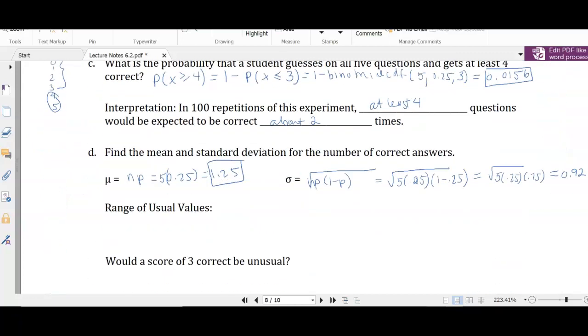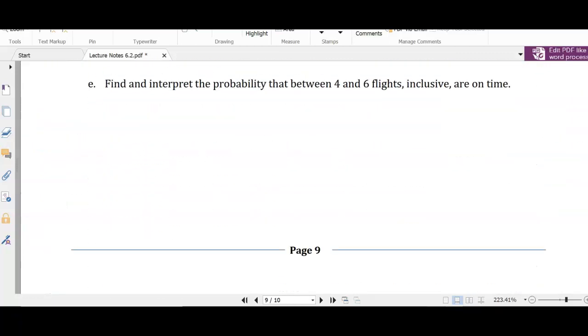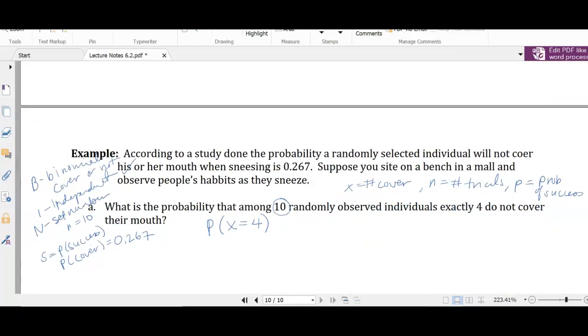So this is going to be a binomial PDF. Remember, it's going to be the number of trials, the probability of success, and how many successes we actually wanted.